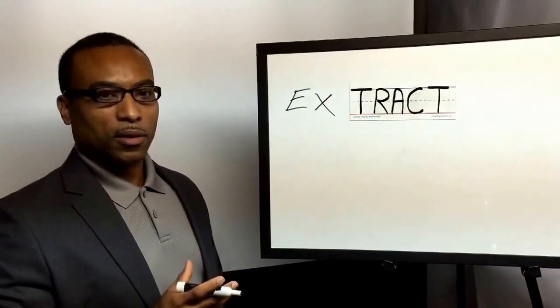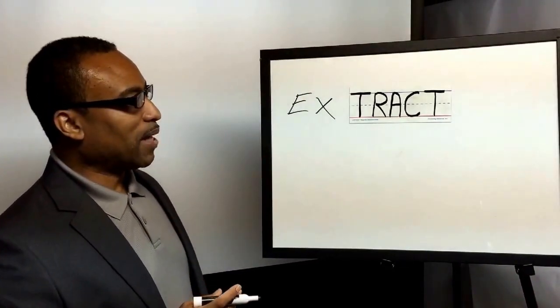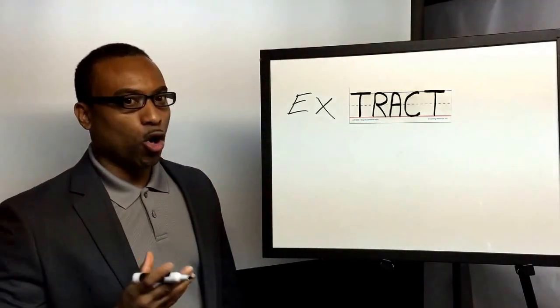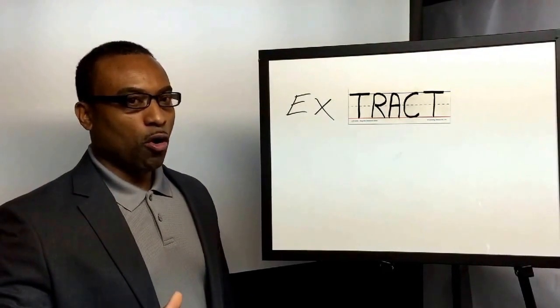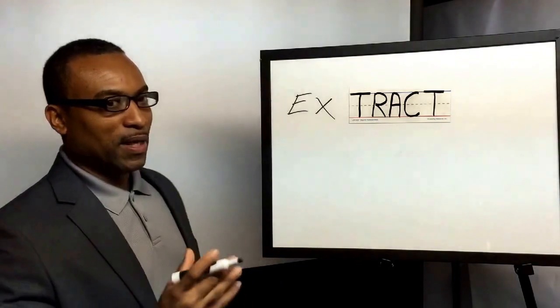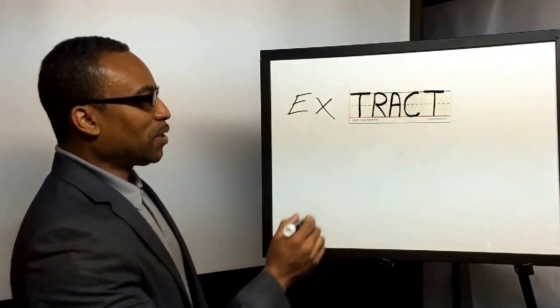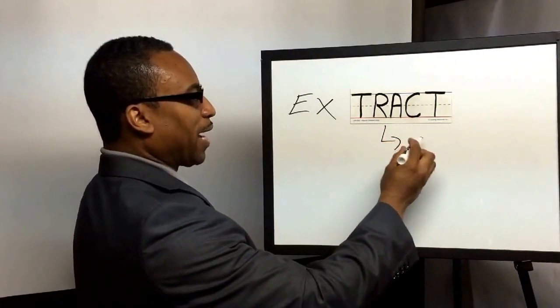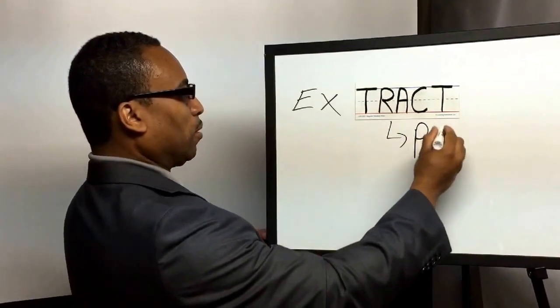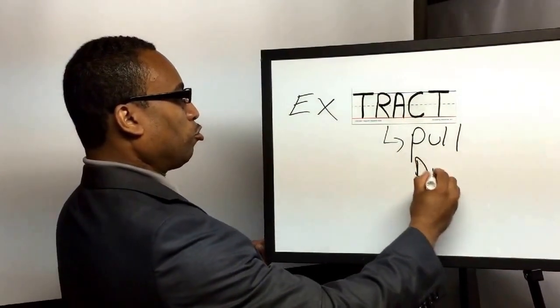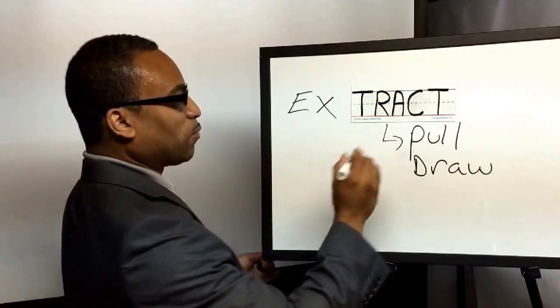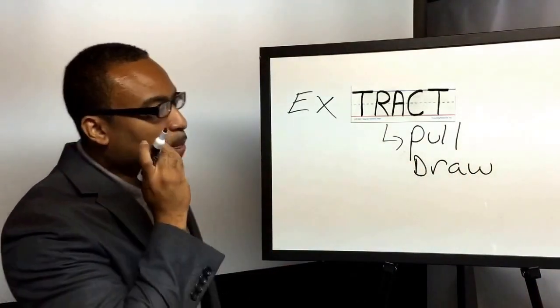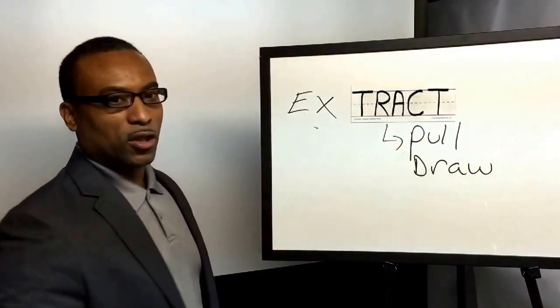He pulls it out. Now I might be getting somewhere. If attract means to pull towards you or to draw towards you, and extract means the same thing, perhaps this word part, tract, means to pull or to draw. That's why the dentist pulls out my tooth.